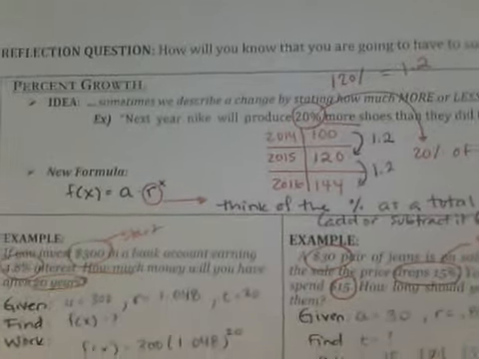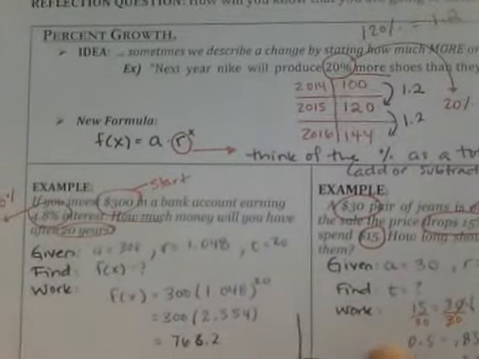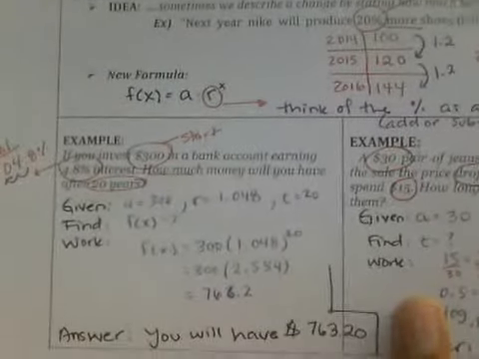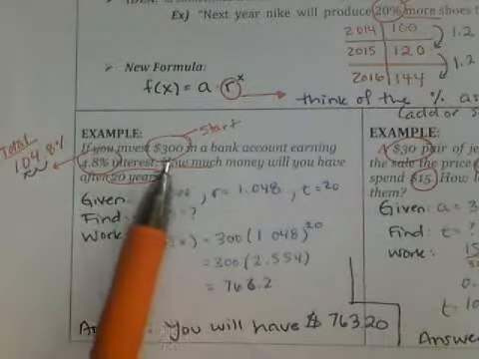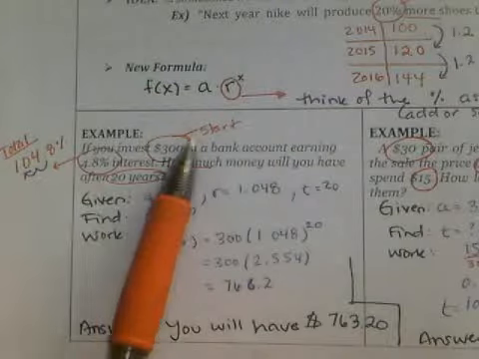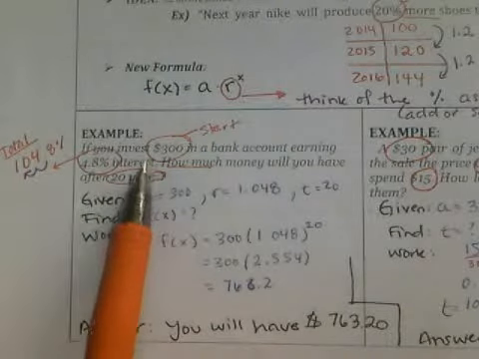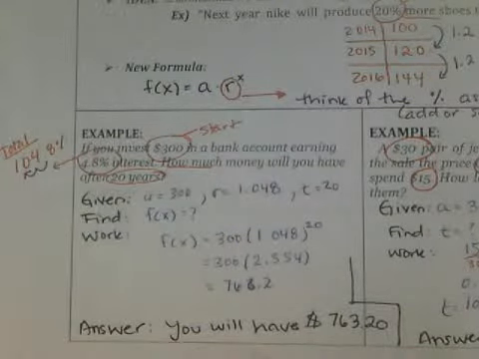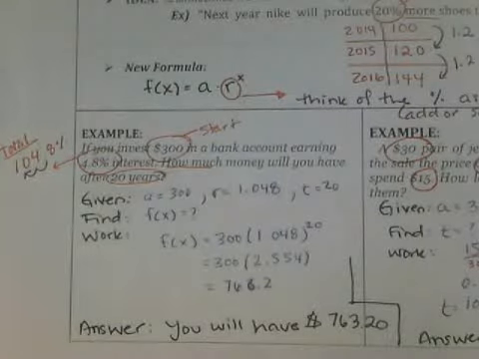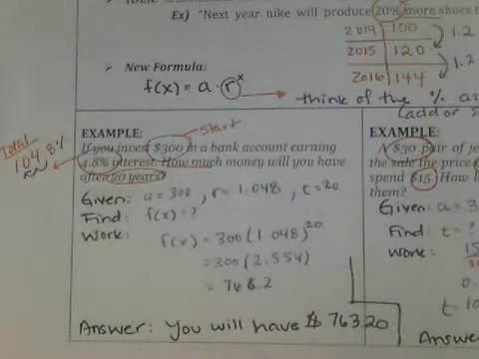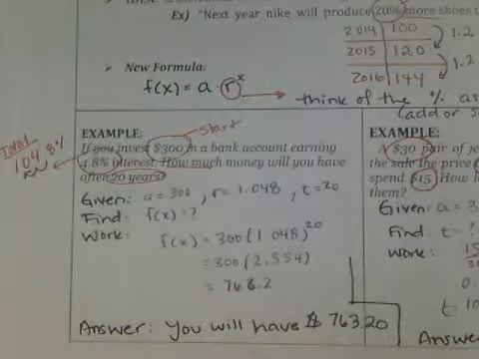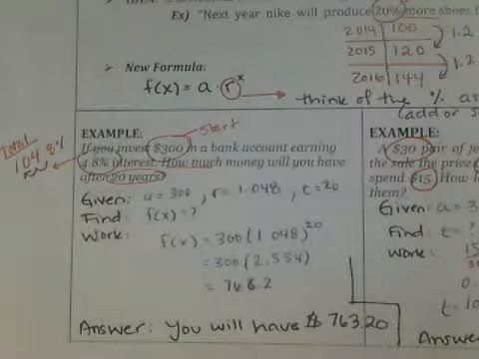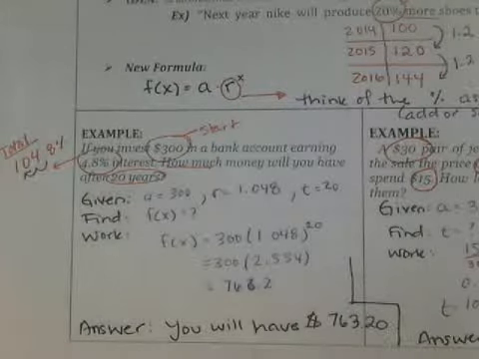If you invest $300 in a bank account, earning 4.8% interest, how much money will you have after 20 years? Clearly, 300 is your starting amount. Now, 4.8% interest is telling me something about how it changes, but it doesn't mean that 4.8 is r itself. You have to do this extra calculation. When they say the bank is going to give you interest, they mean that's an extra amount of money that they will add to your account after the year.